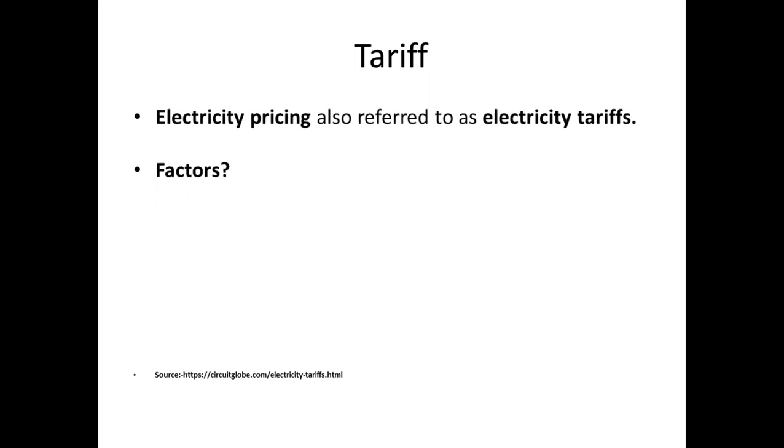Tariff, in simple words, is the amount which we pay for the consumption of electricity, or in simple words, the electricity charges. It depends on many factors such as how much load is on the electricity, for which time we use that electricity, the amount of energy we are using, and the power factor.